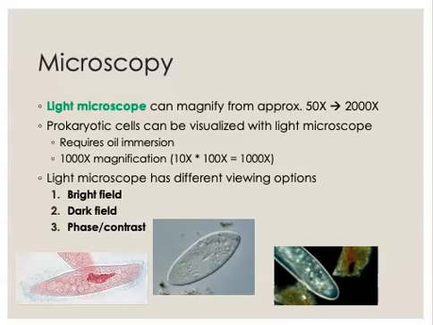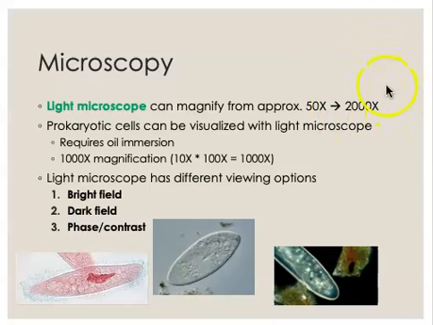In modern microscopy, the light microscope is the most commonly used type of microscopy. The light microscope can magnify cellular organisms and other types of materials from about 50 times to about 2,000 times.